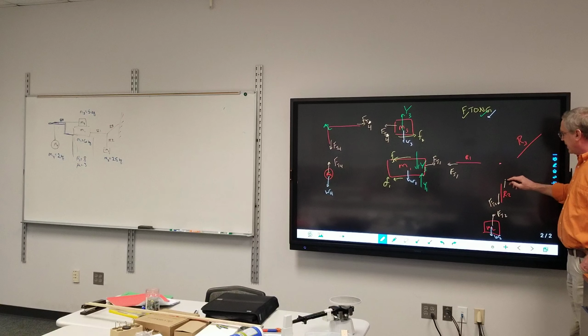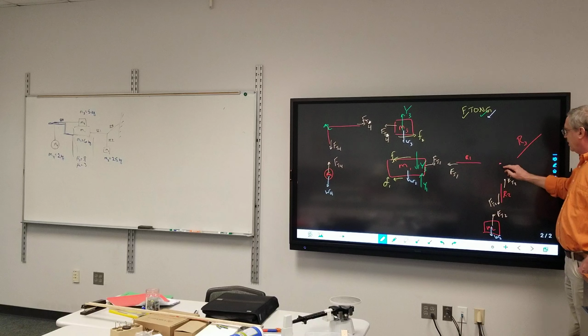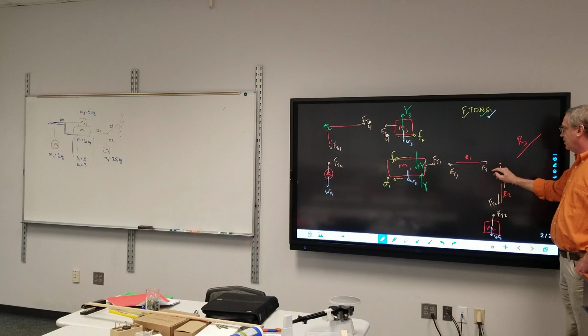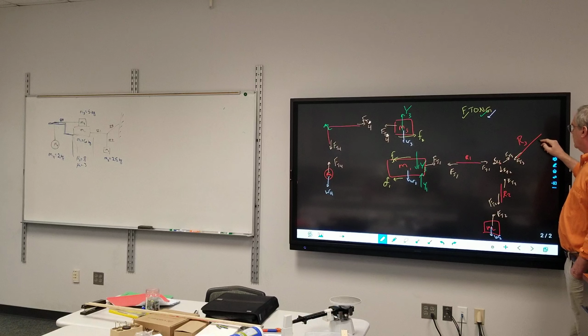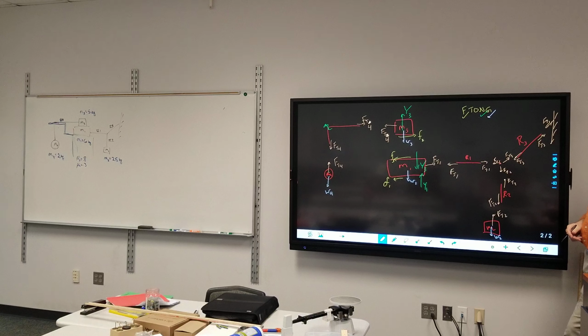So, I got FT2 here, FT2 here, FT1 here, FT1 here, FT3, FT3, and if we want to throw the wall into it, FT3, FT3. Why are they different tensions coming into this intersection? So how are the ropes attached to each other?